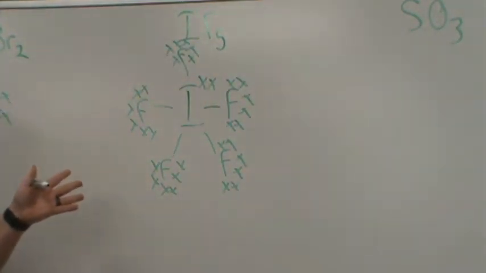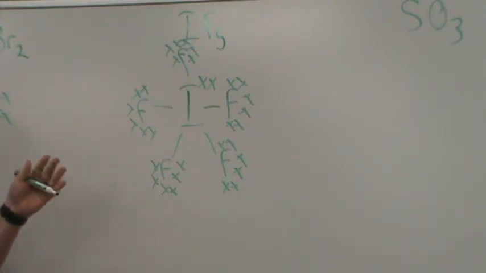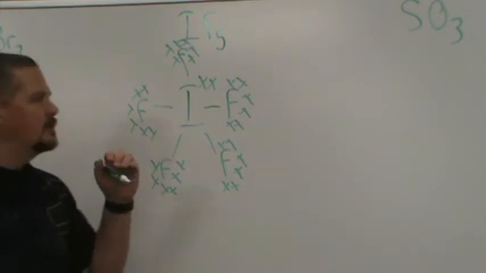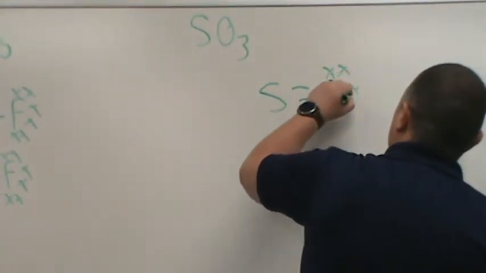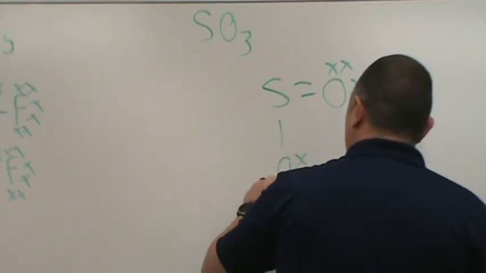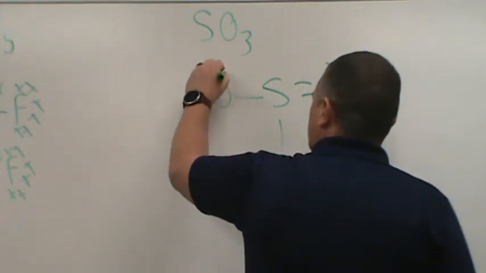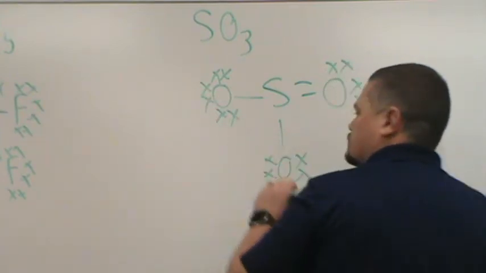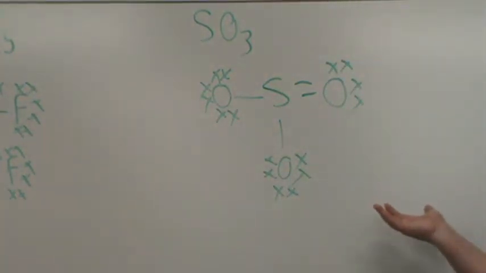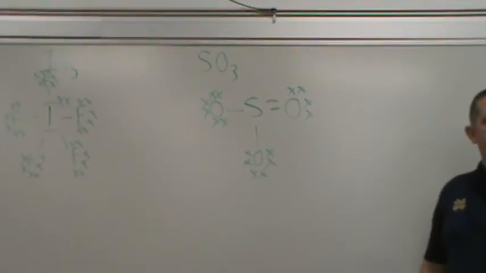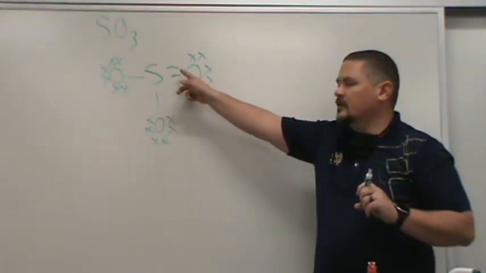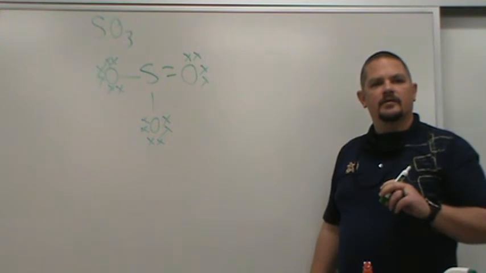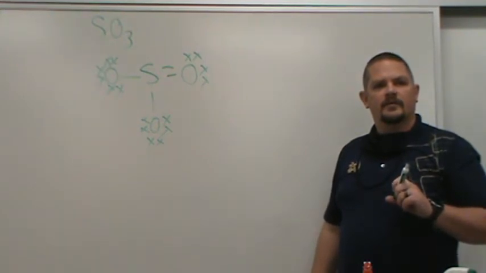Then are we coming up with this for IF5? Then are we coming up with this for SO3? On this oxygen? Yeah, I took them away so I could make a double bond. Oh, okay.